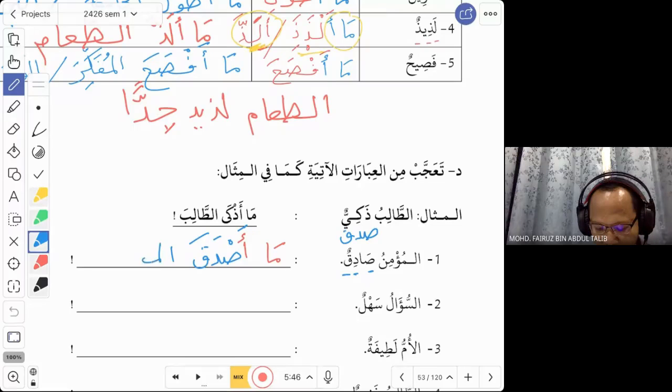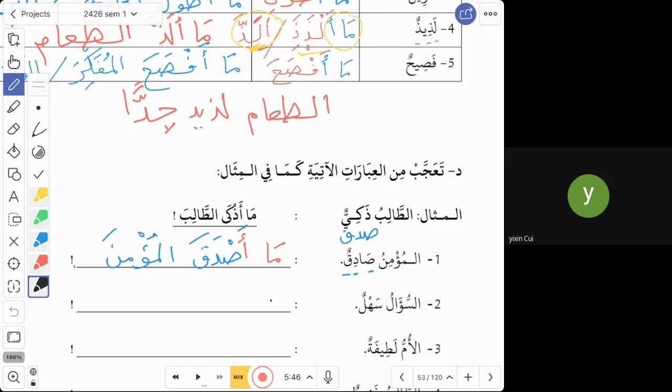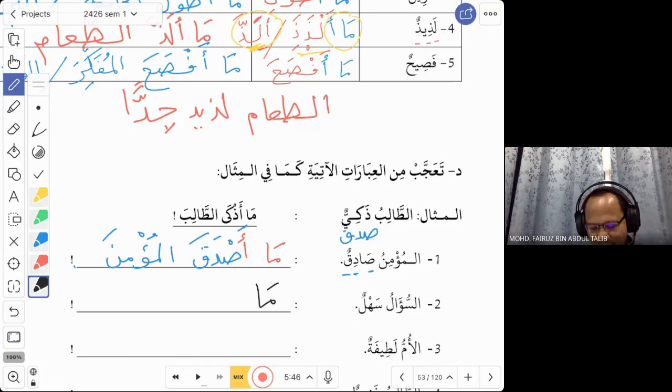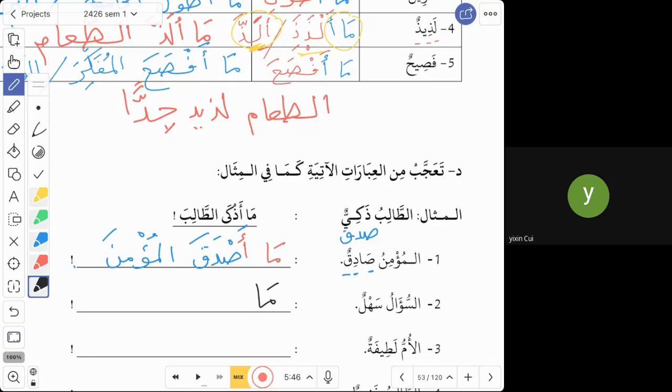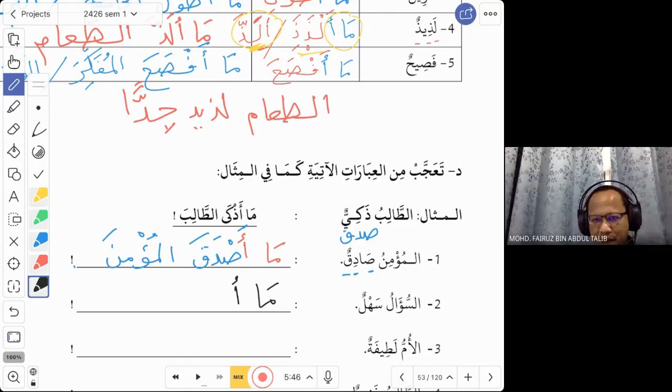Yes. Ma asdaqa, and the person, of course, al-mu'min. So we say ma asdaqal mu'min. MashaAllah. Okay, so this is the first ta'ajjub. The second one: as-su'alu sahl. The question is easy. You are shocked. MashaAllah, the question is so easy. So what do you say? Ma ashala.